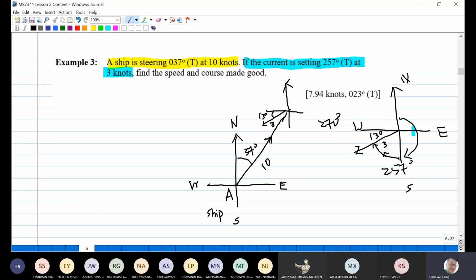So find the speed and the course made good. I have used different colors here, a yellow color and a blue color.